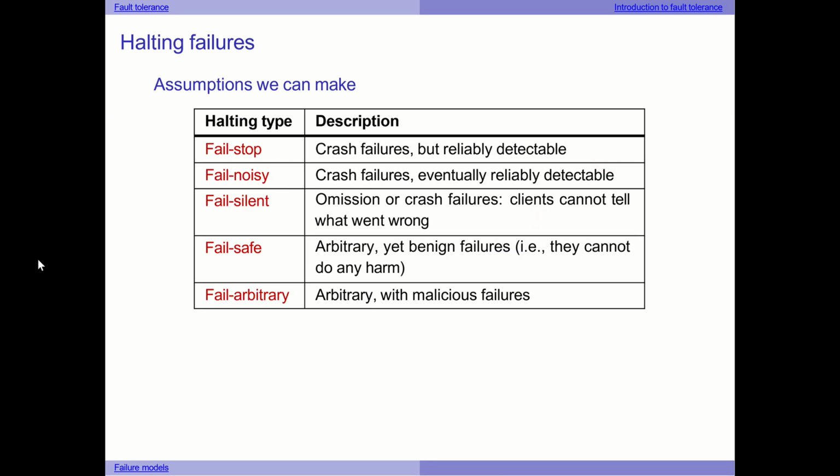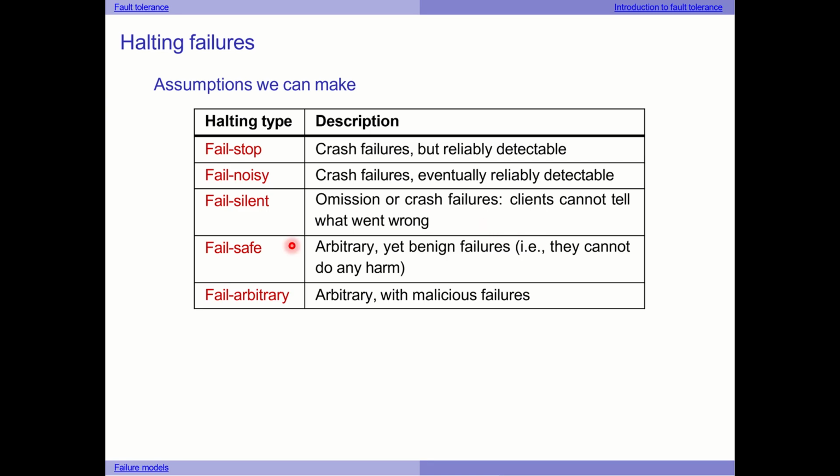Then we have fail noisy, crash failure, eventually reliably detectable, and then we have fail silent, omission or crash failures, where clients cannot tell what went wrong. This one, fail silent, is kind of like a false suspicion. For example, an OS kernel panic that freezes the entire OS, but it's not necessarily that the system crashed; it's only a false suspicion.